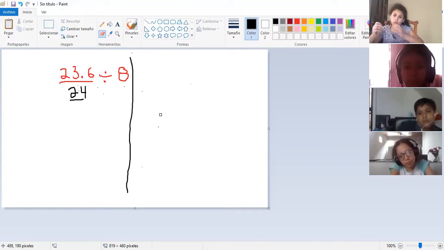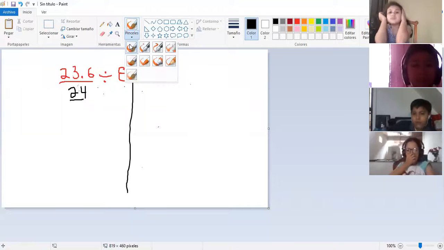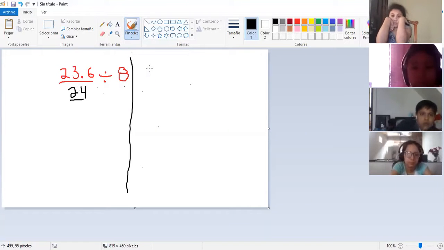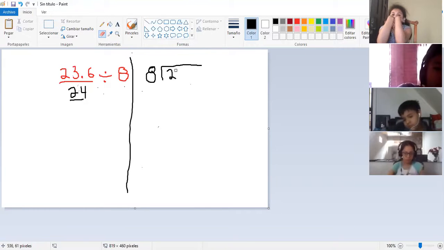Then step number 2, we're gonna solve the exercise as we have it. That's why I divide the board here, and I will write 8 divided into 23.6.